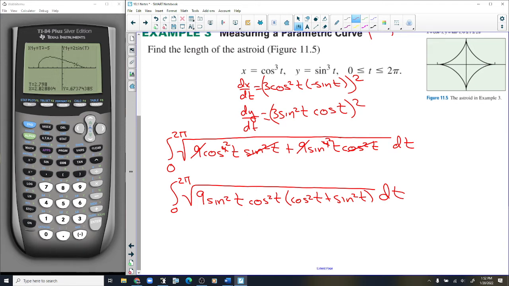Go ahead, Matt. Yeah, so this piece is 1. Not only that, when we say, well, that's 1, what's left is all perfect squares. So it's 3 sine cosine. So that's why we're going to do this one by hand, because we can get rid of the radical.